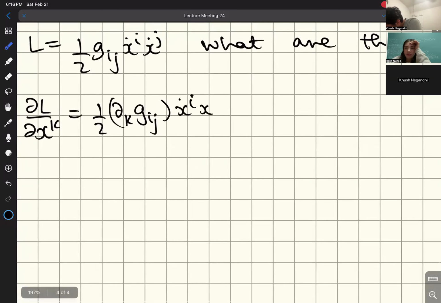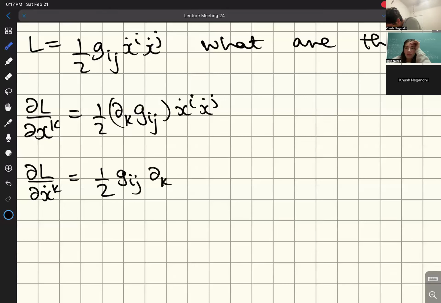So I don't have to do any product rule. That's basically what I get out of this. And if I take it with respect to this, I get 1/2 g_ij partial_k x dot i x dot j, which if you recall just gives you 1/2 g_ij delta_ik.